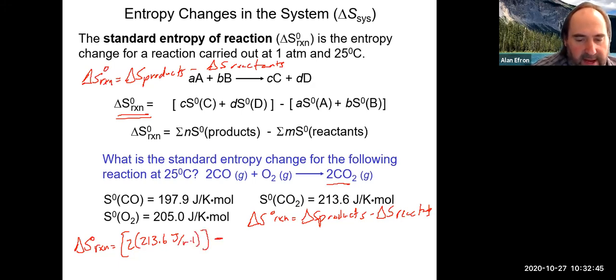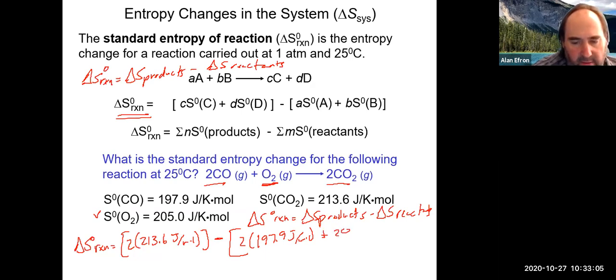We then subtract from that our reactants. So we have 2 times the CO value, which was 197.9, plus our O2. Different from delta H, you will find, as you can see here, a value for something like O2 in the table, and that would be 205 joules.